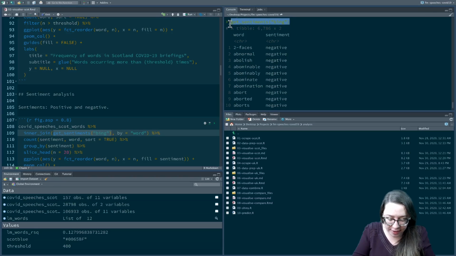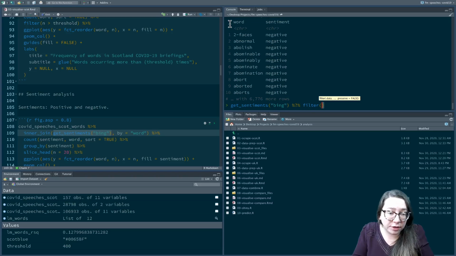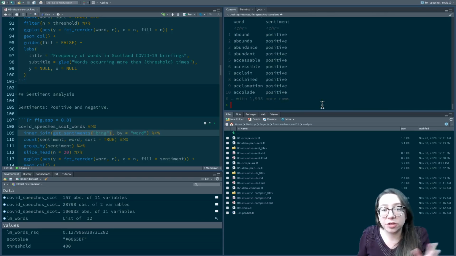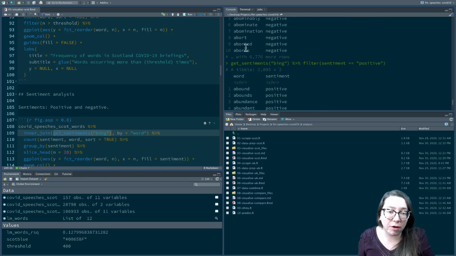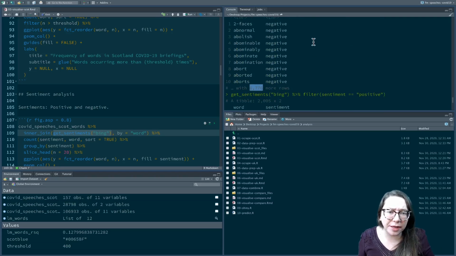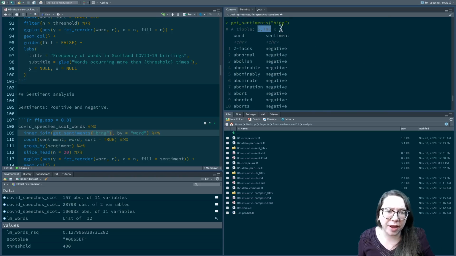So let's go ahead and filter, sentiment equals positive. So abound, abundance, accessible, acclaimed, acclamation, these are all positive words. So we basically have a bag of words like this, and we can see how many there are in total in this bag of words.